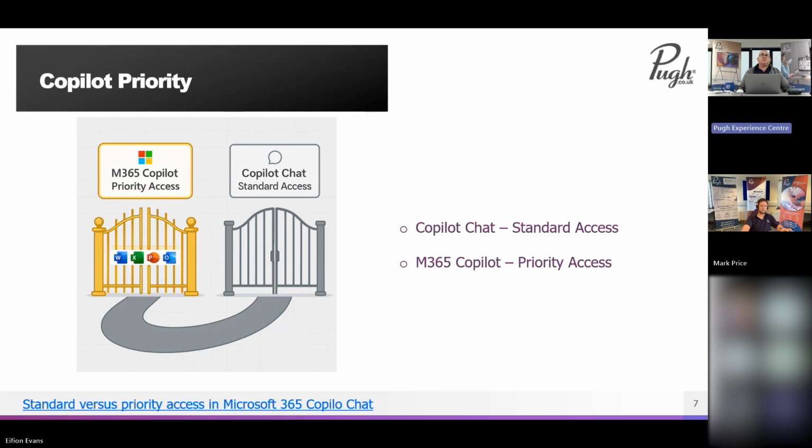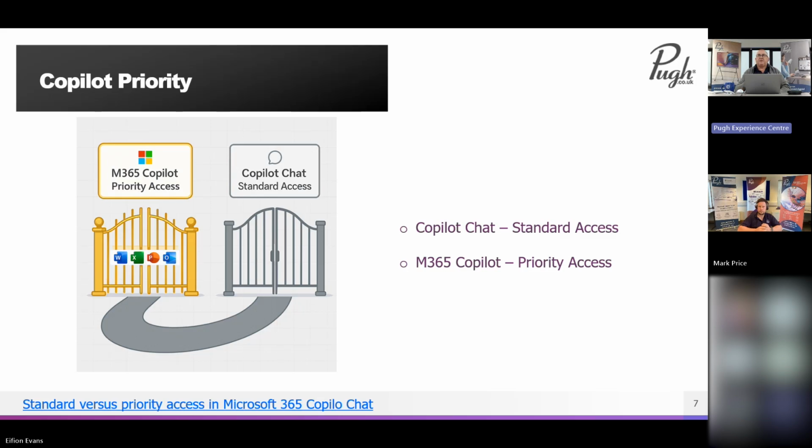Okay, also Microsoft have introduced the concept of priority. So the paid M365 Copilot license now has priority. It's given priority access. And the Copilot chat is given standard access.